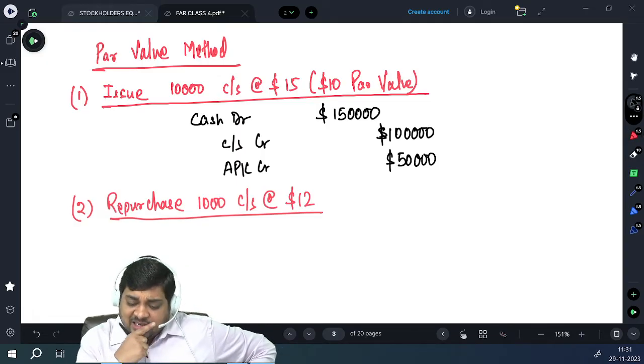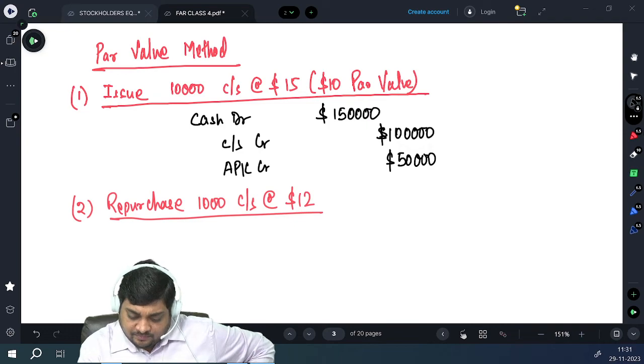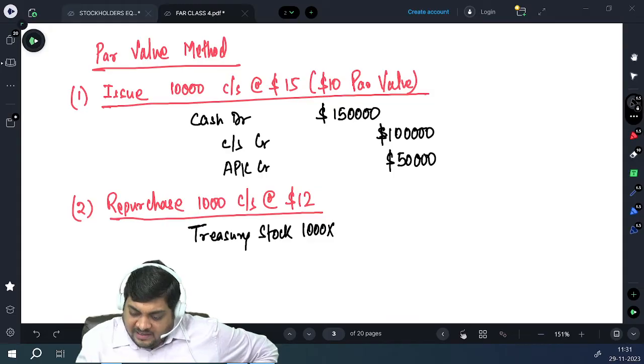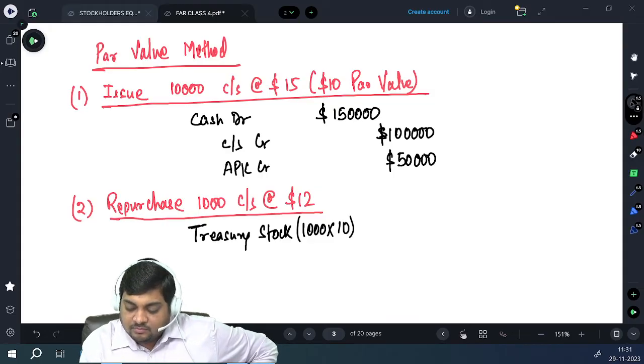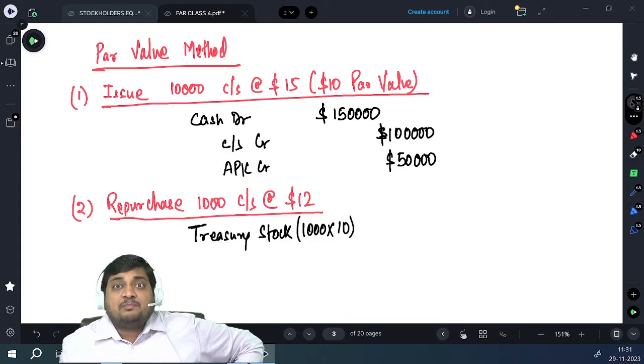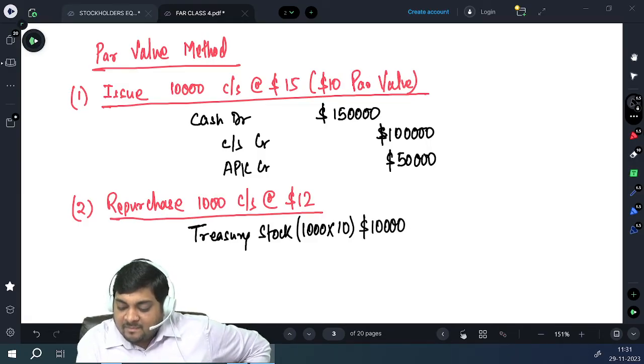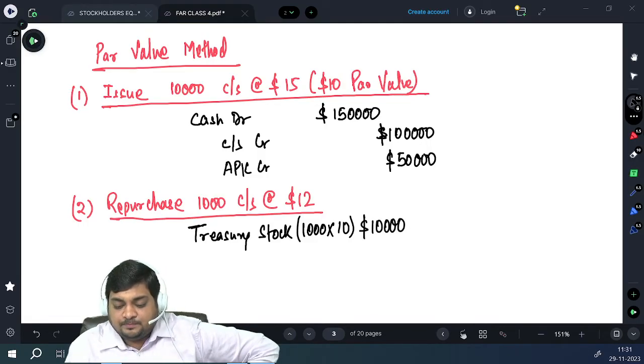Now par value method says treasury stock will be debited with par value. In cost method it was debited with repurchase price, but out here it will be with par value.